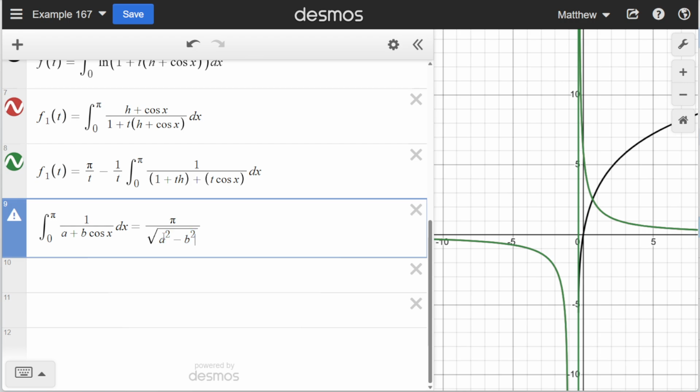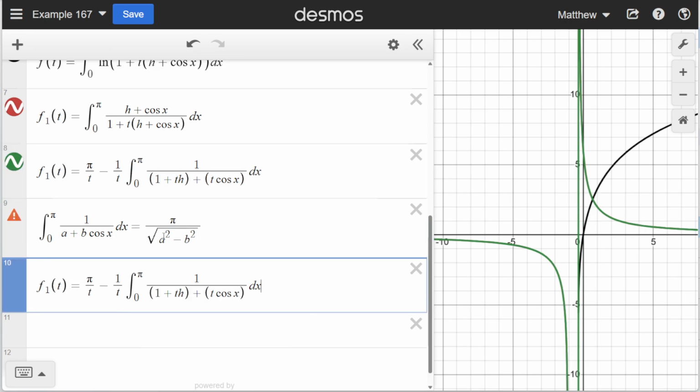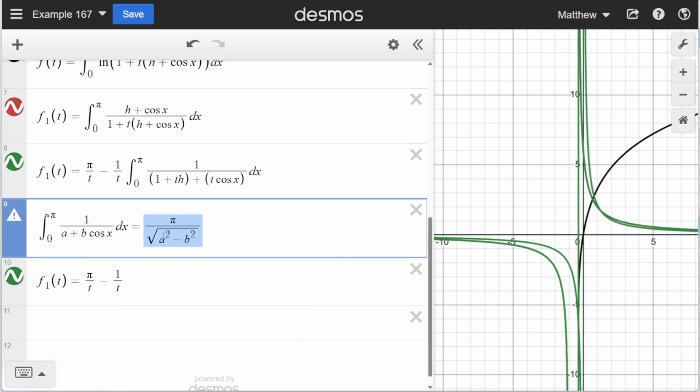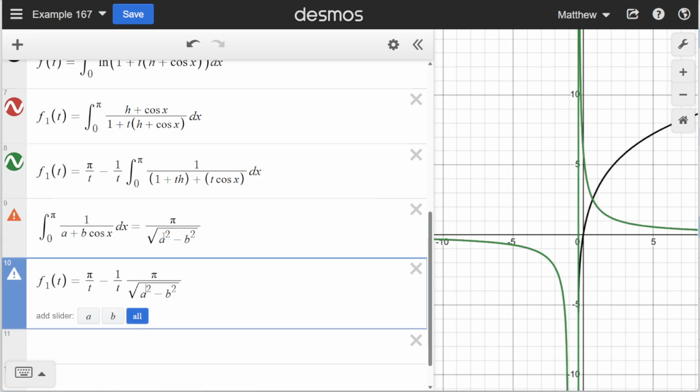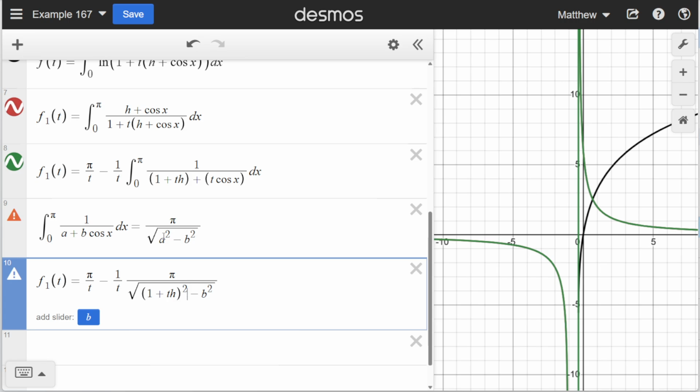So let's apply this to our formula. That implies that our f prime of t is just going to be 1 over t times whatever this integral would evaluate to, with a being equal to 1 plus th and b being equal to t. So our a was again 1 plus th, and our b was just t.